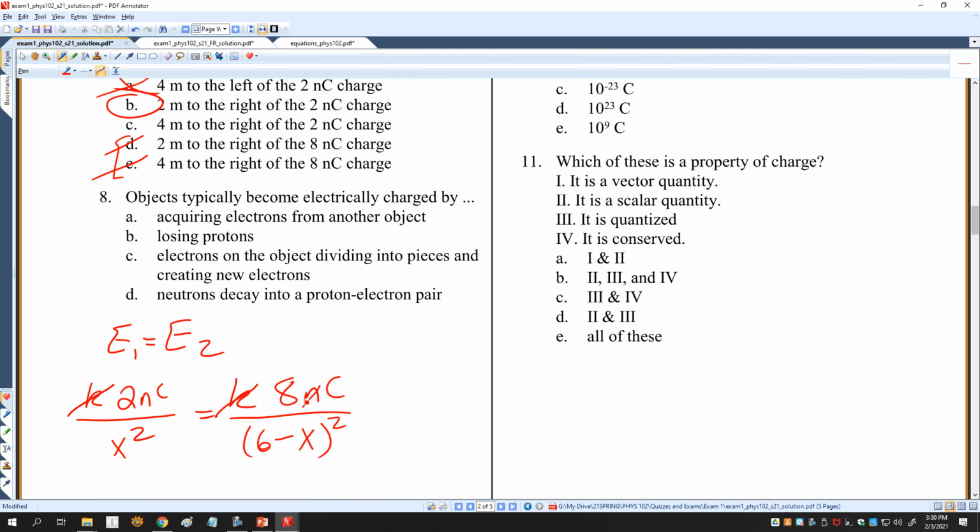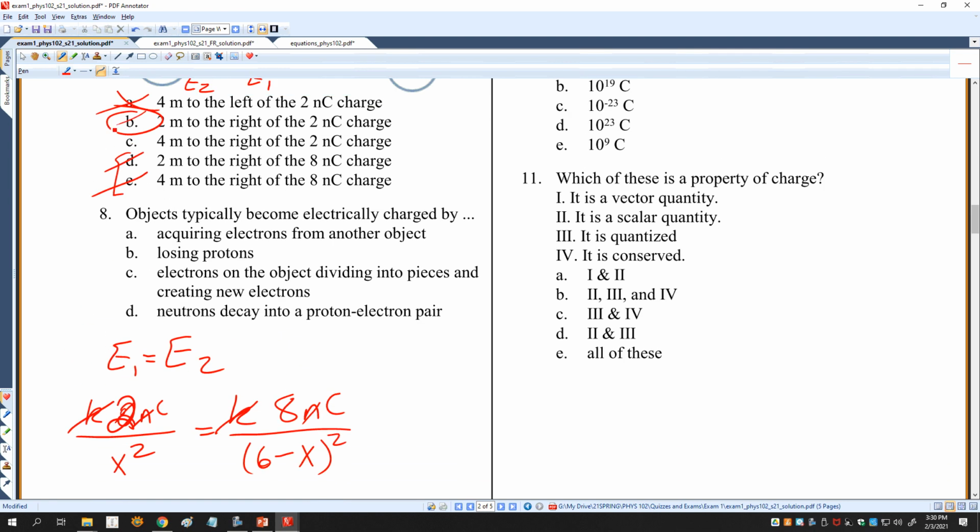My k's cancel, my nanos cancel, not my 2, that doesn't cancel, although I can cancel that 2 and solve for 8. Now, I can solve this for x. It's not terribly easy to solve. I have to deal with this quadratic thing down here. You can solve it for x. I think that y'all are capable.